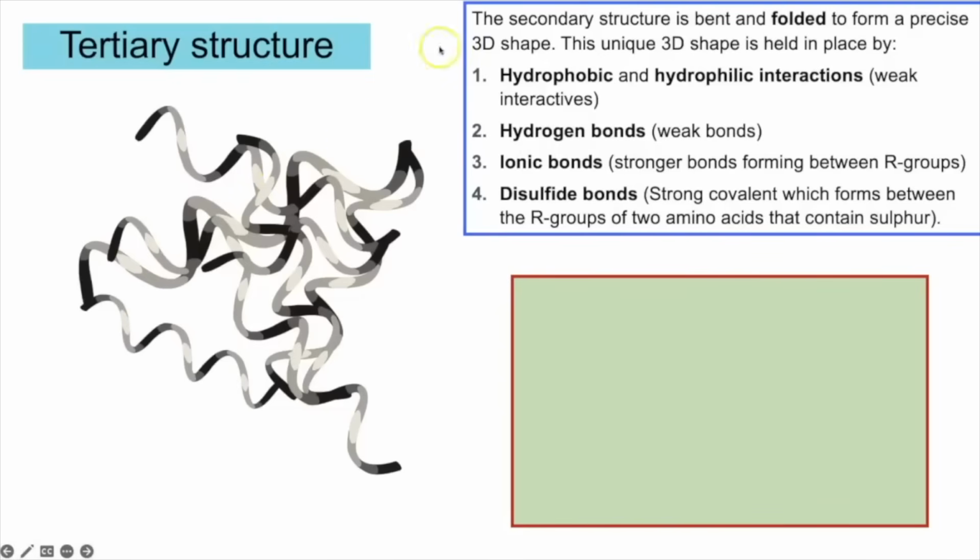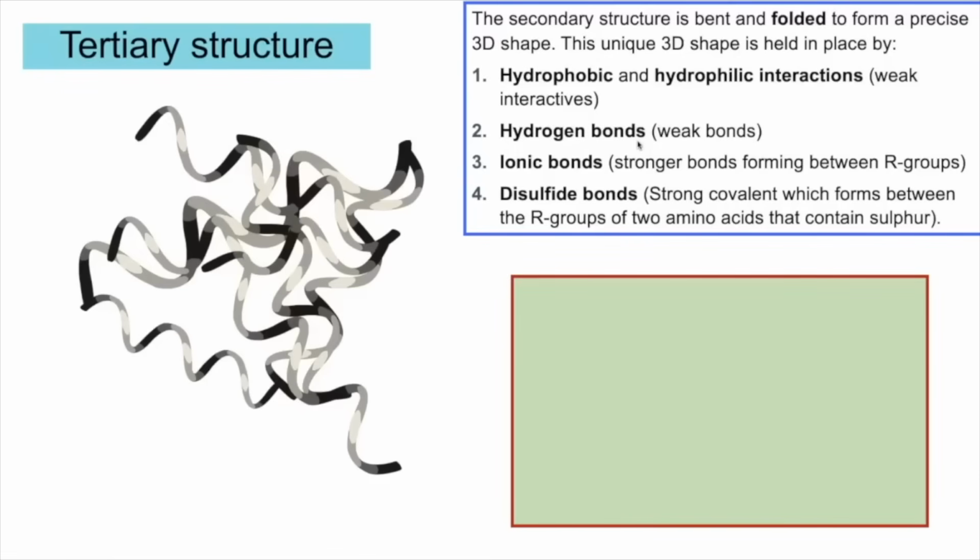And this structure is the further folding to form a unique 3D shape held in place by 4 different types of bonds. There are the hydrophobic and hydrophilic interactions, and these are very weak interactions. The hydrogen bonds, which we already saw, and again, those are quite weak.